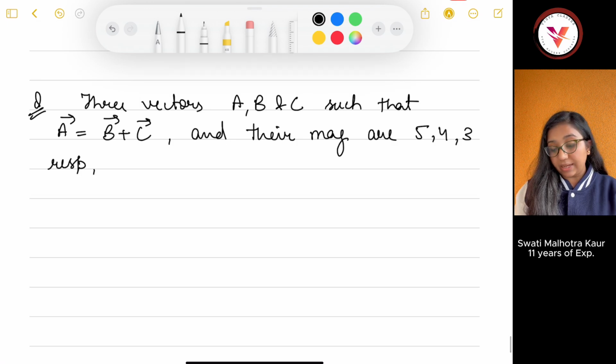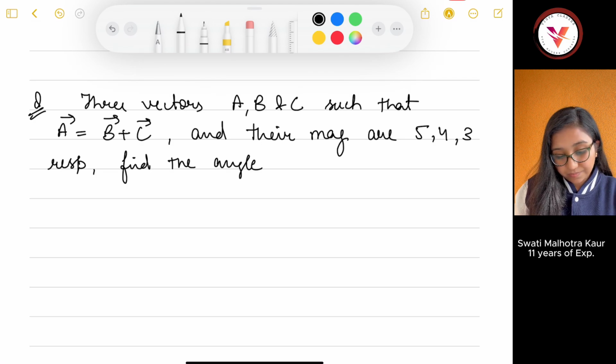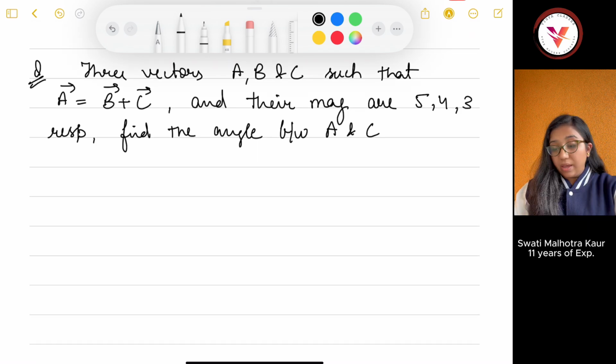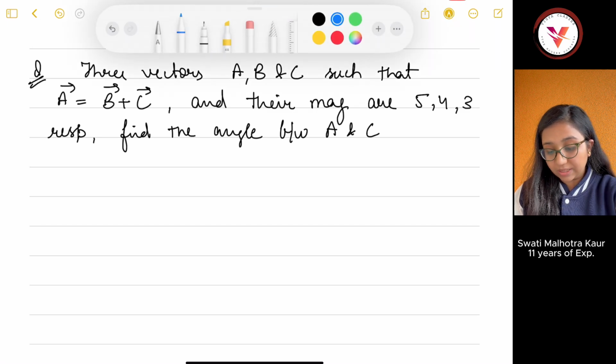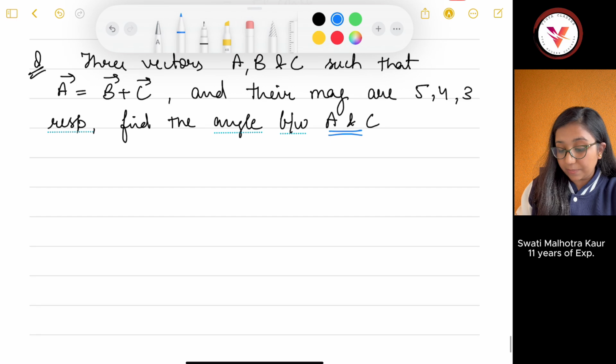Find the angle between A and C. Okay, so you are given the condition that A equals B plus C, and you are also given the magnitudes, and you have to find the angle between A and C.